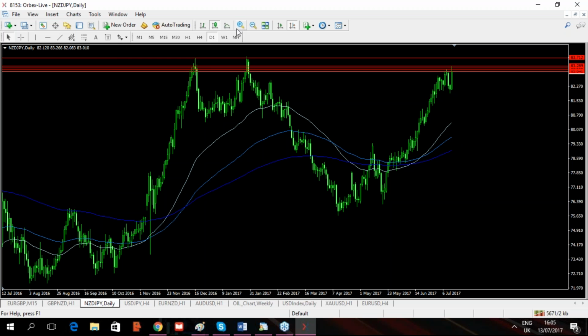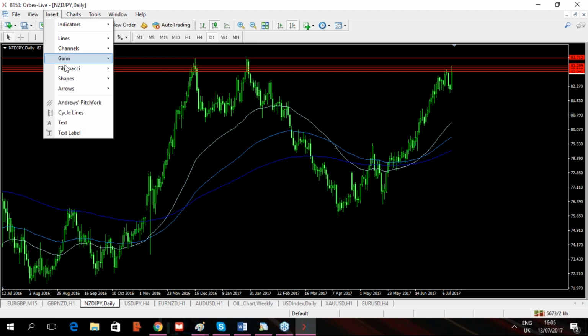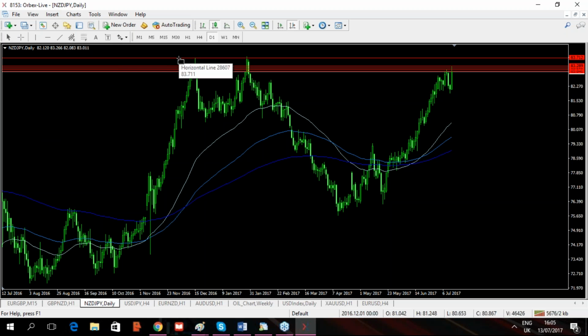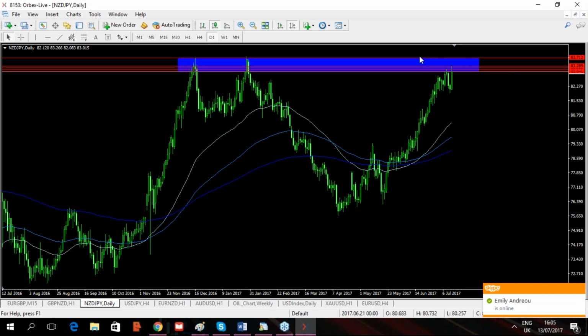So here itself, I could draw a sort of resistance. Now you understand that support and resistance gives you an idea whether the trend you see in the top movers is still going on or not. Is it still going on? Is it weakening? Here it may be weakening already because you have a resistance zone.